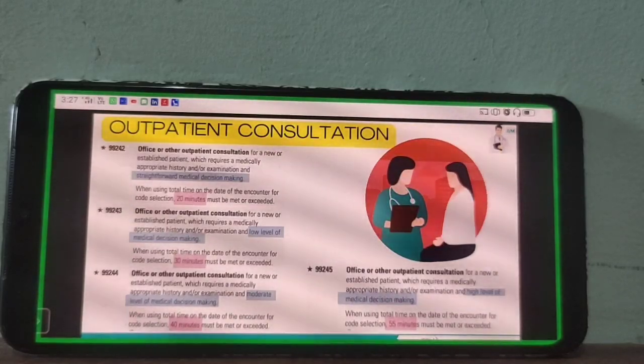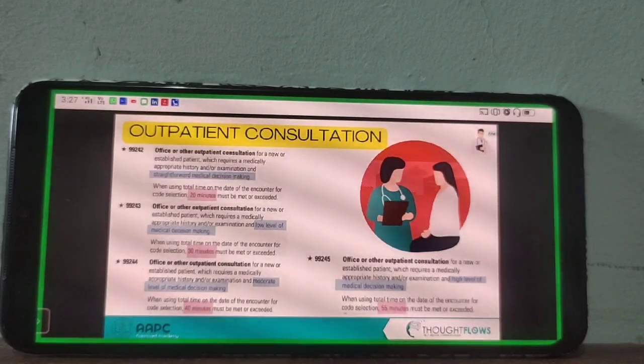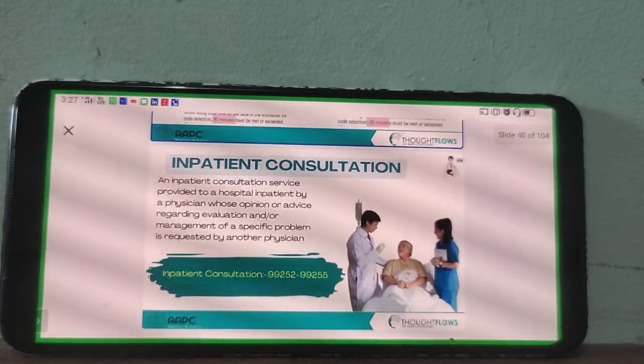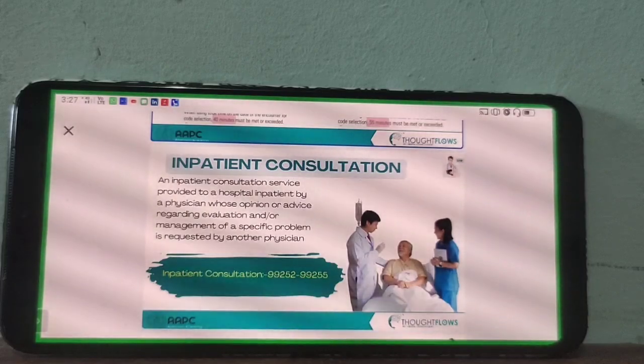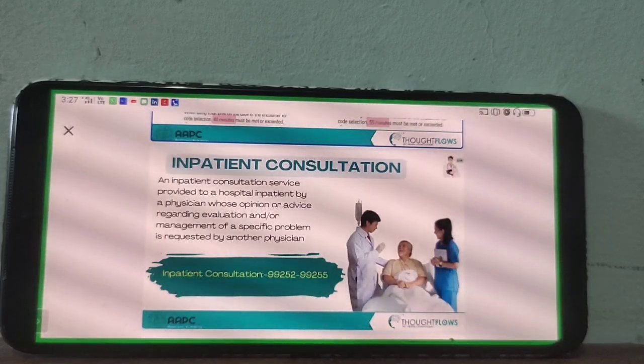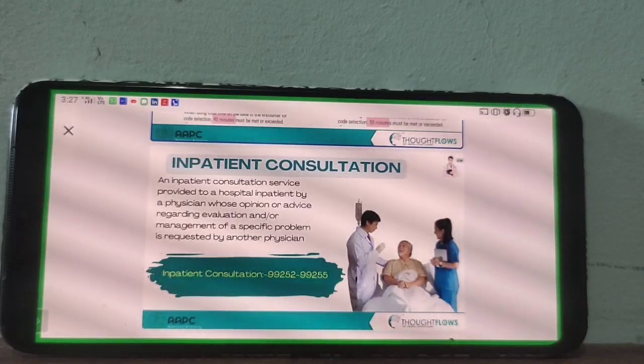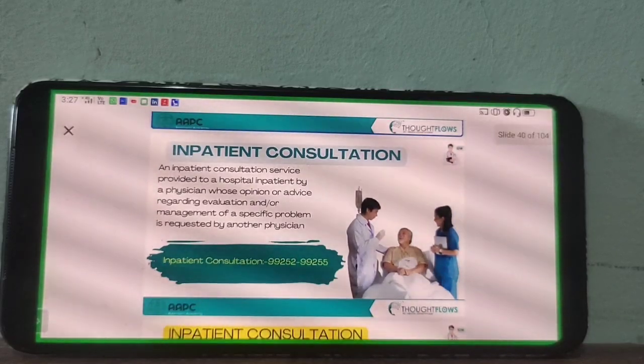Same like that for IP consultation, the service provided by the doctors in the hospital.